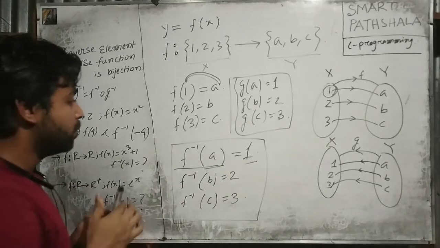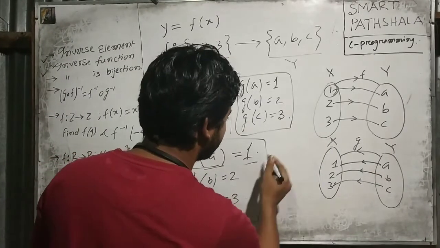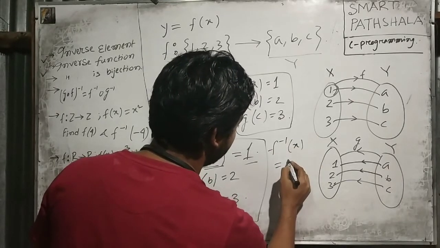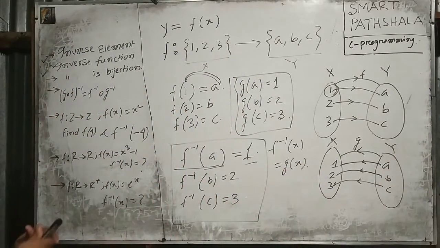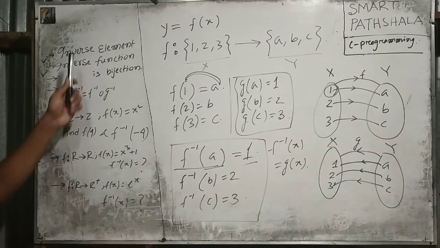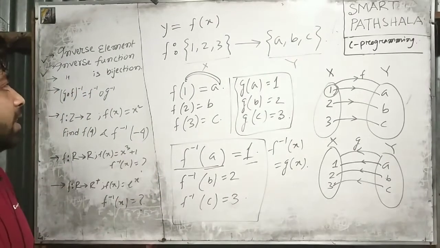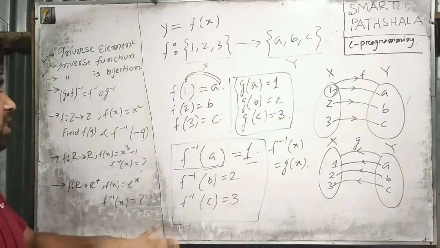So from this condition we can say that f inverse of x will be equal to g of x, right? So for the inverse element, if you are asked the inverse element of some function, then actually you have been asked to find out the pre-image of that element within that function.